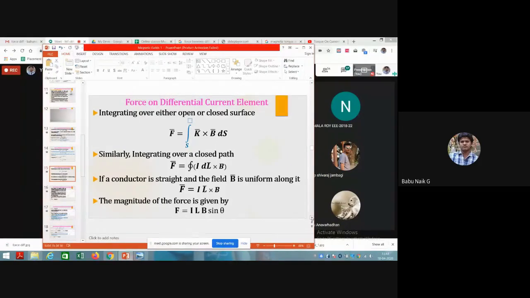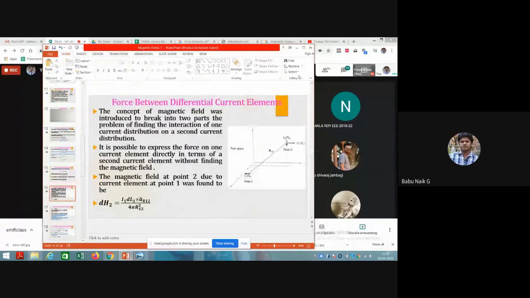Now today, with the same concept, we are going to calculate the force between two differential current elements.